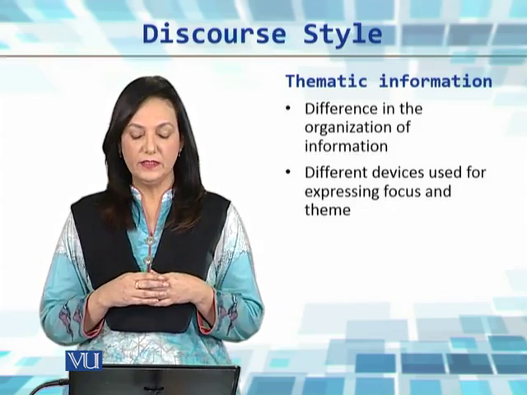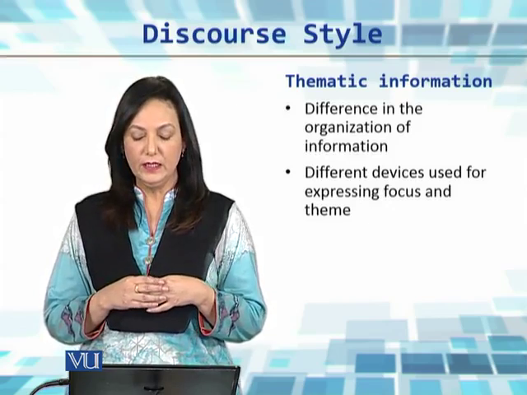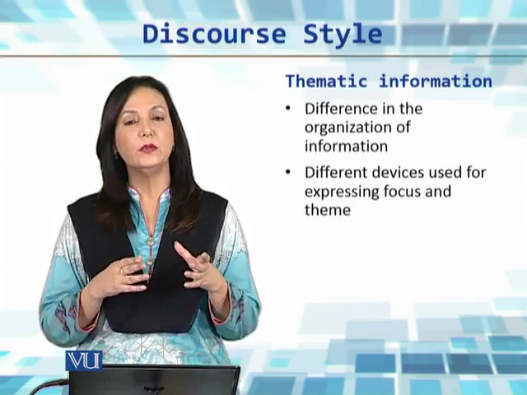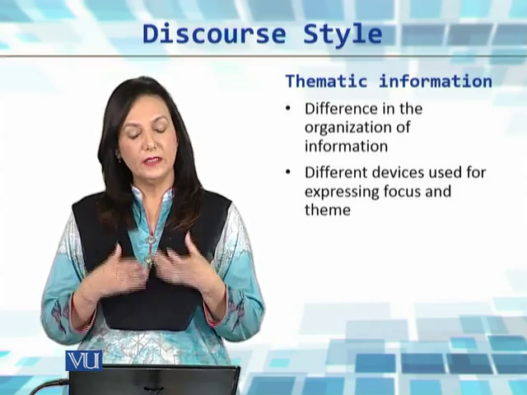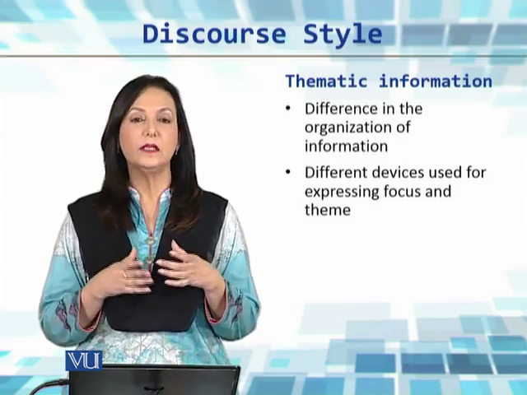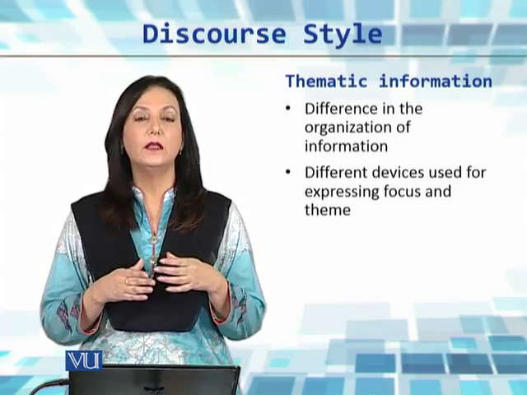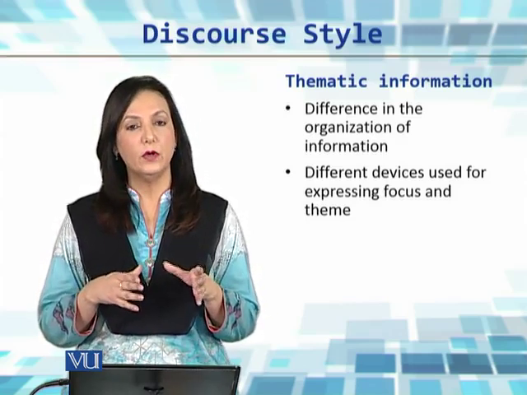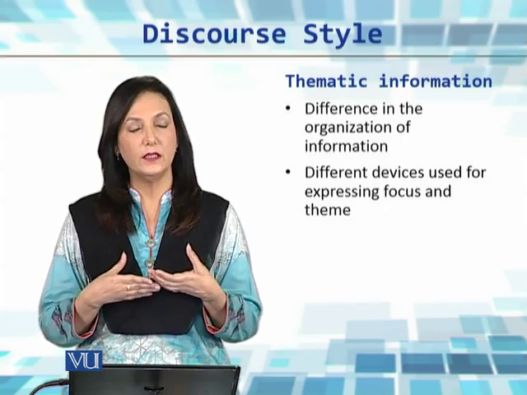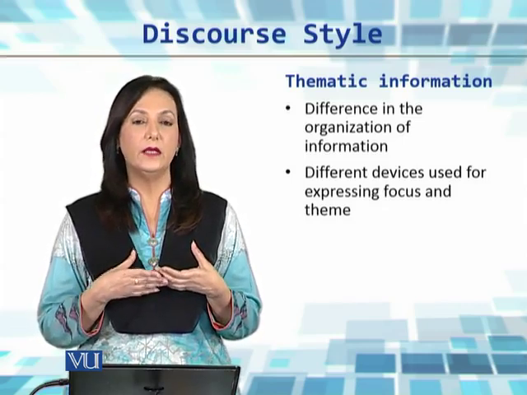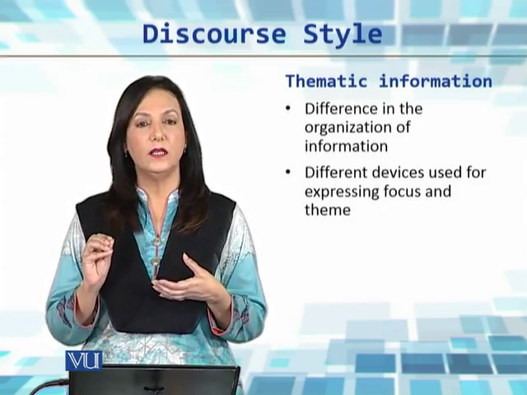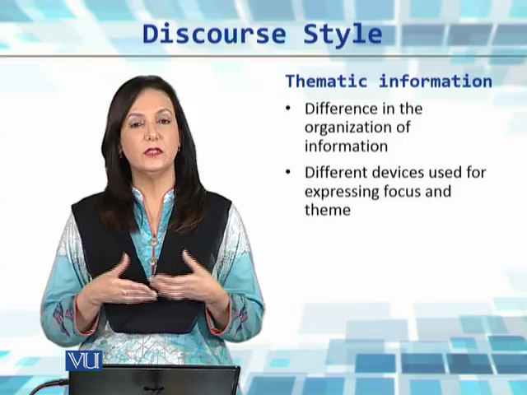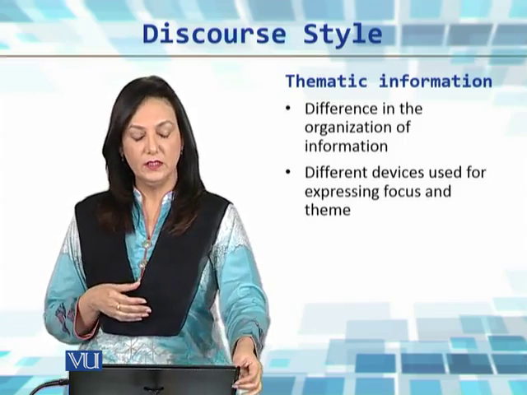One difference that we see in the two Englishes is the use of different linguistic devices for expressing focus and theme. The way you highlight the focus of your text, and you identify the theme of your text, the kind of linguistic devices used for this purpose are very different in the two kinds of Englishes.